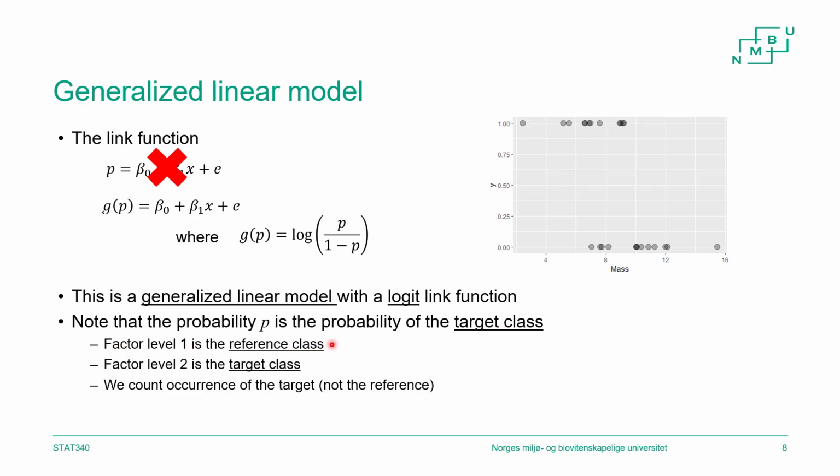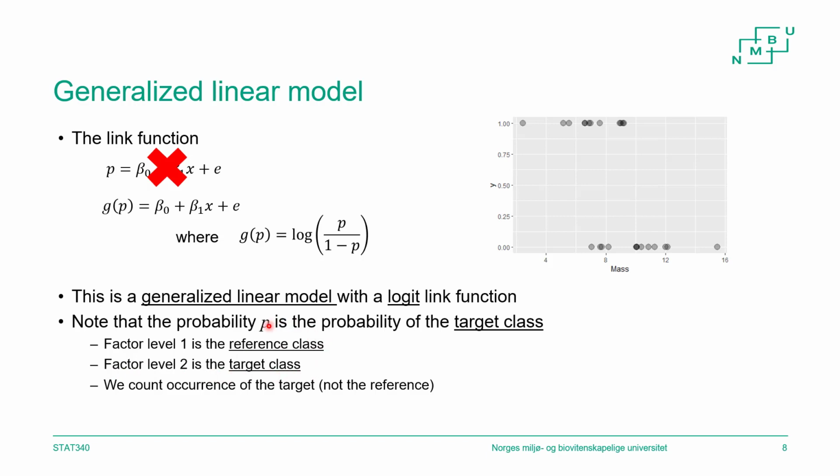And this is sort of important when you do this in R, because you have this response which is a factor with 2 levels, right? We have a response, a factor with 2 levels, and level number 1 in this factor is what we call the reference class, and level number 2 is the target class.